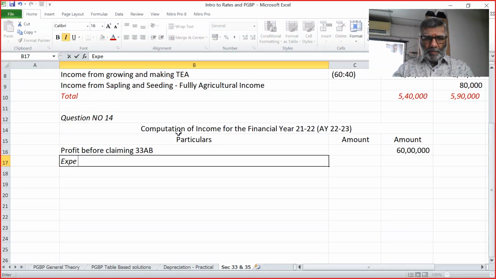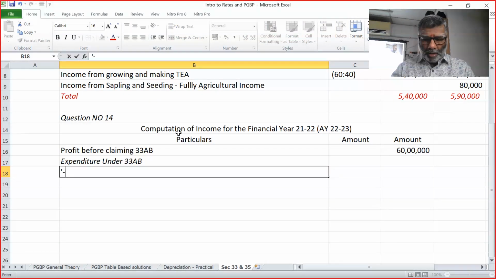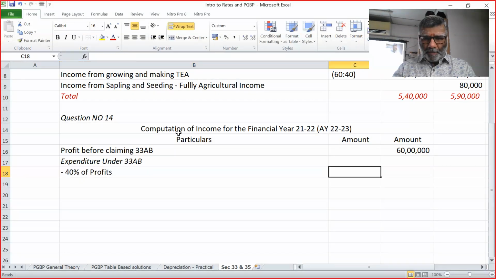Expenditure under 33AB. 40% of profits, that is 60 lakhs into 40%.